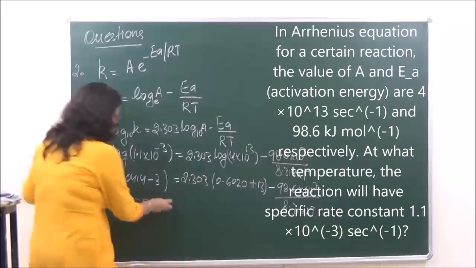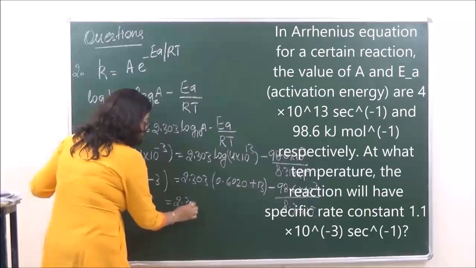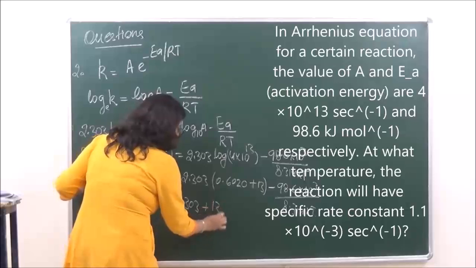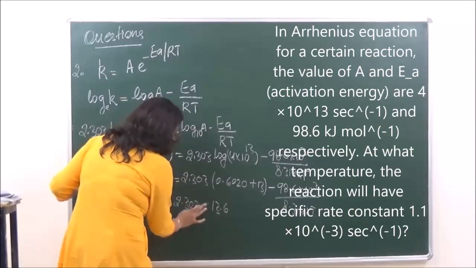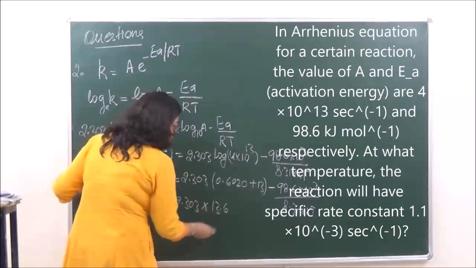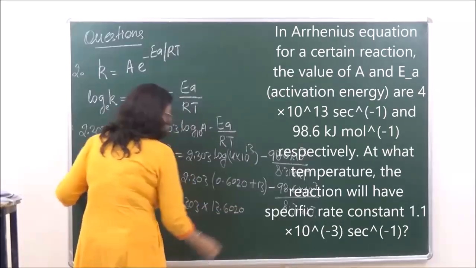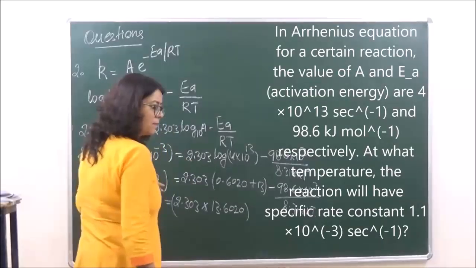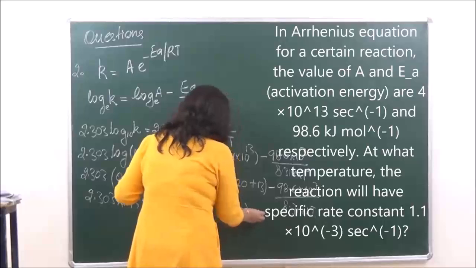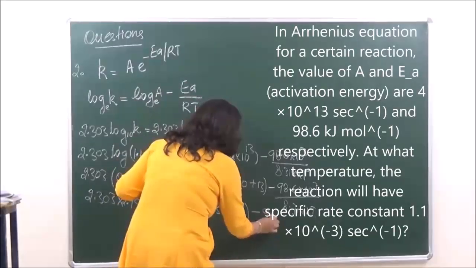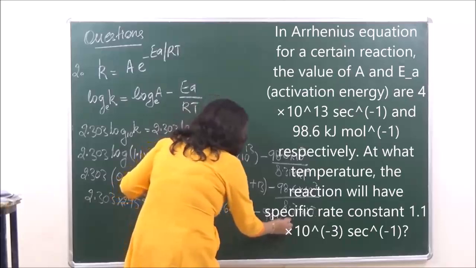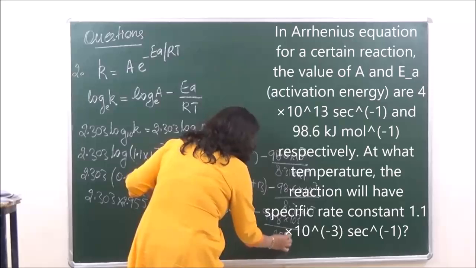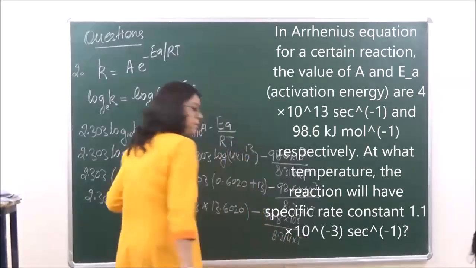Okay, and this is equal to 2.303 into 13.6020, which is in a bracket, and here we will have minus 98.6 into 10 raised to power 3 upon 8.314 T, right?